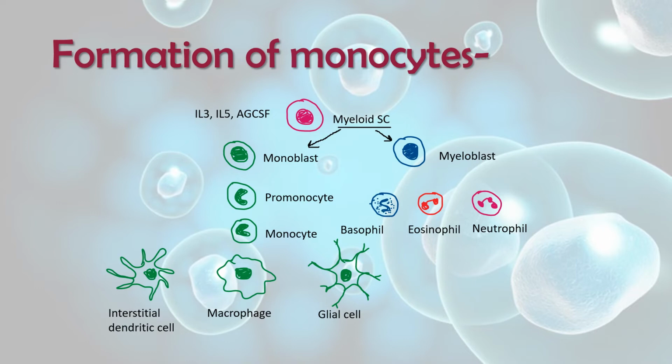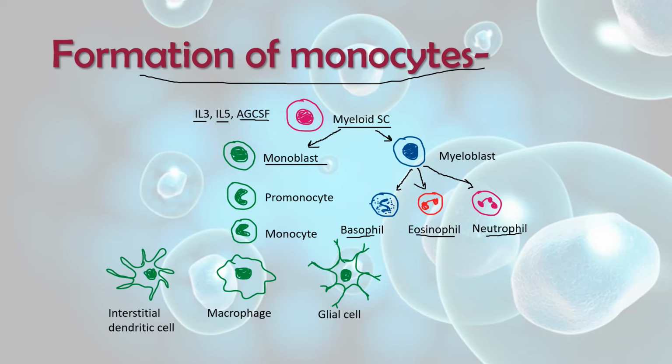In granulocytes, there is a formation of basophils, eosinophils and neutrophils. We will see this particular process in the next slide. First, we will concentrate on the formation of monocytes. With the influence of interleukin 3, interleukin 5 and granulocyte colony stimulating factor, the myeloid stem cell gets differentiated into monoblast.